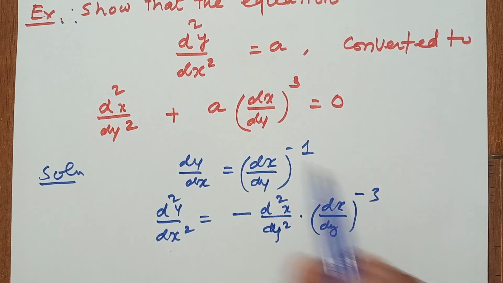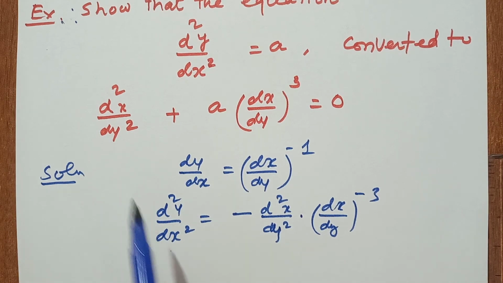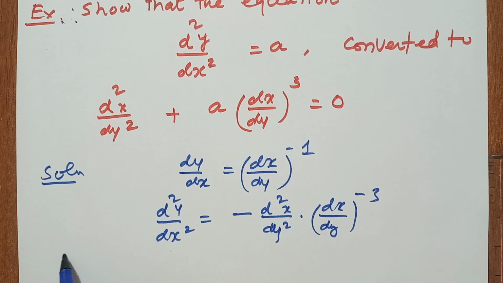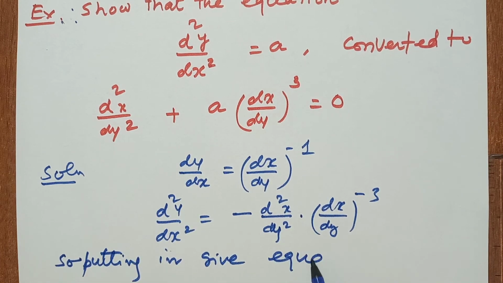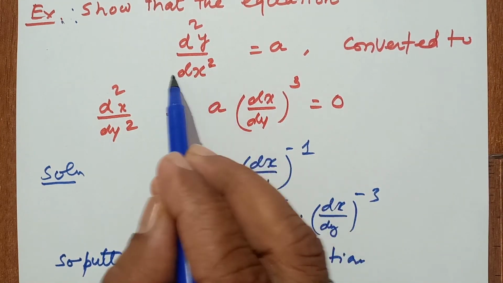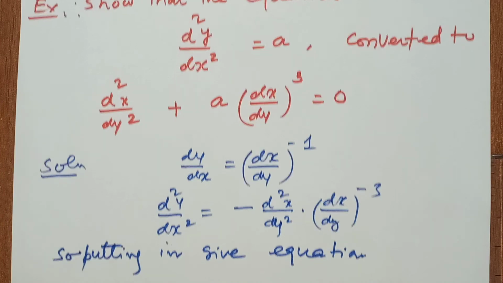This value was already discussed before. We need only d2y upon dx2, so putting it in the given equation, d2y upon dx2 is equal to a.